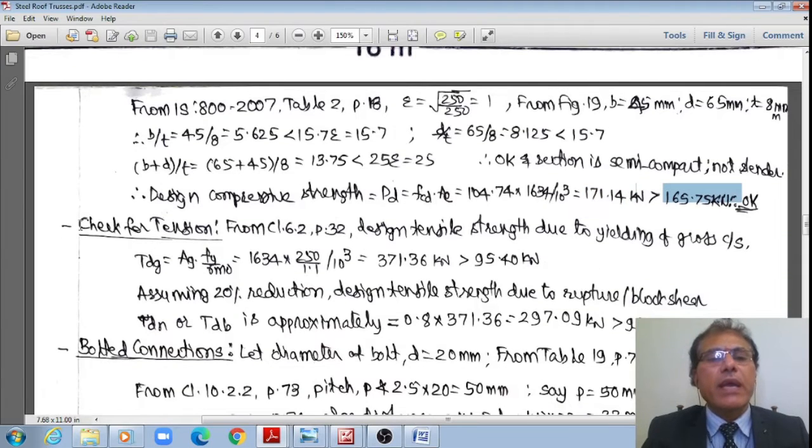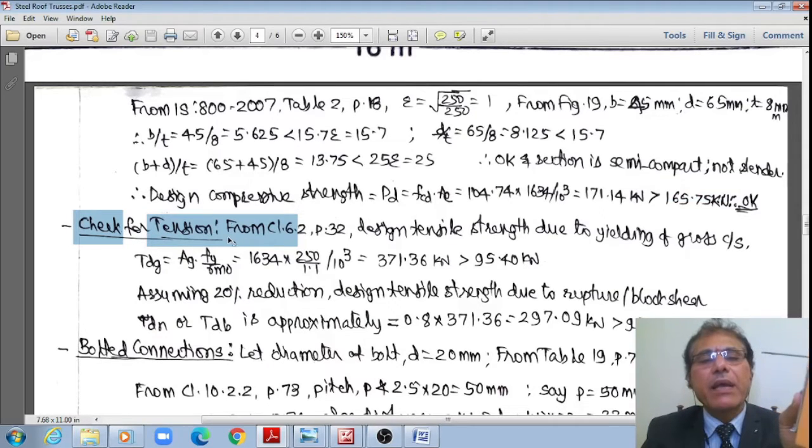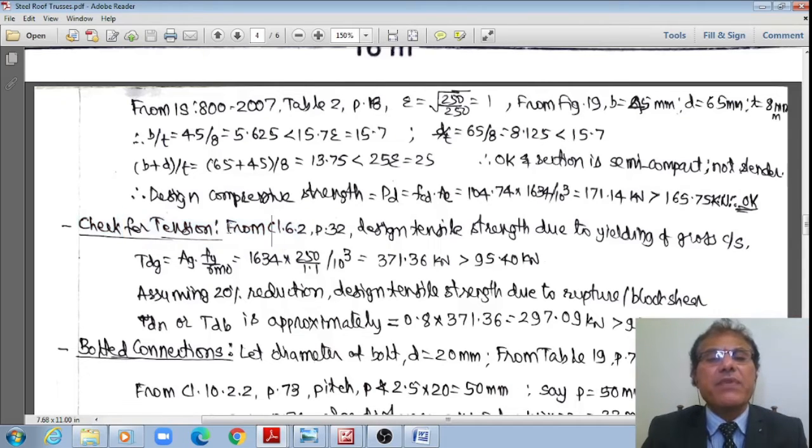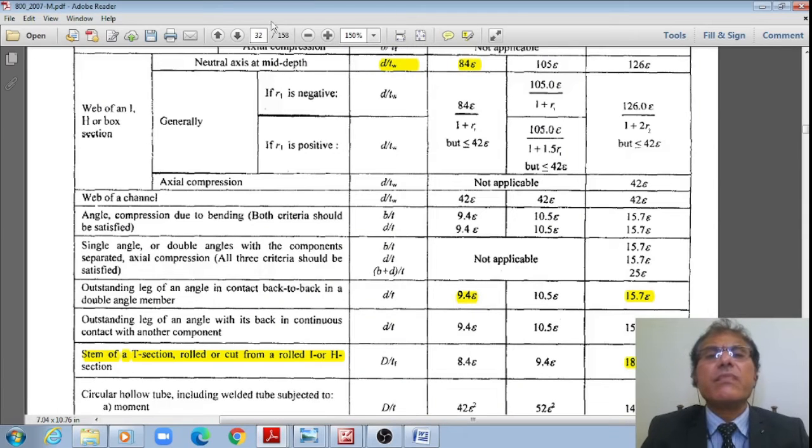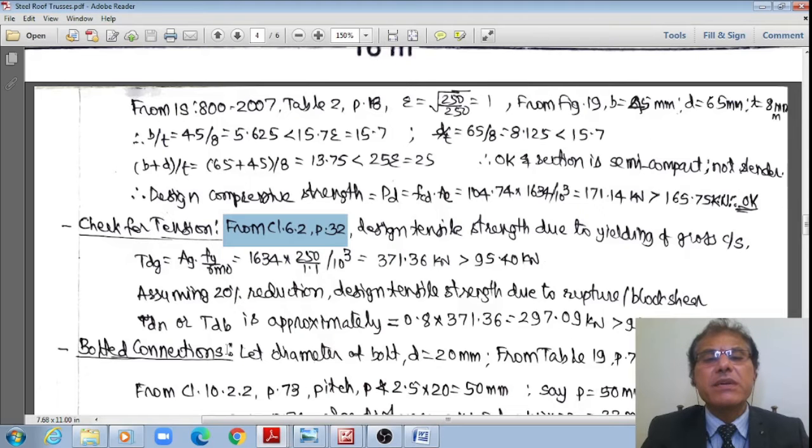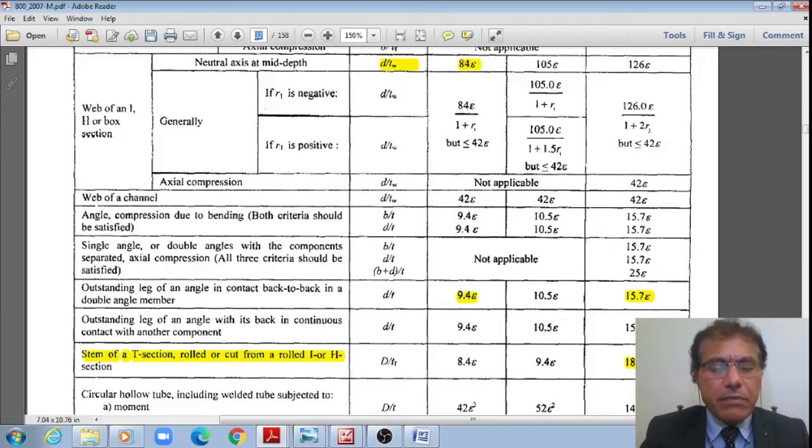However, once it is okay, I have completed the design for compression. Now I'll check whether these two angles back to back are okay for tension. Hence the next heading is check for tension. From clause 6.2, page number 32 of IS 800, let me go to that page number 32. Yes, I am having page number 32.